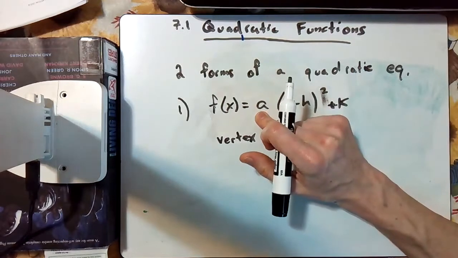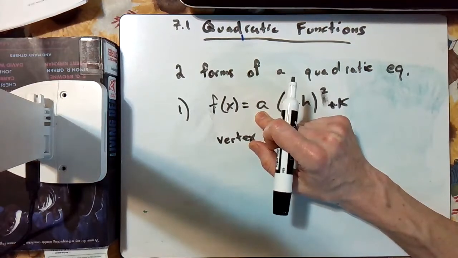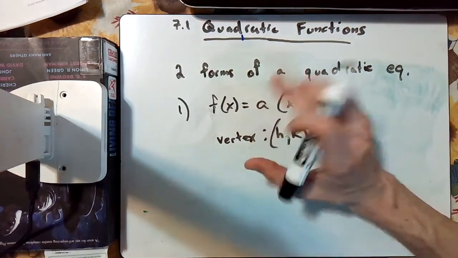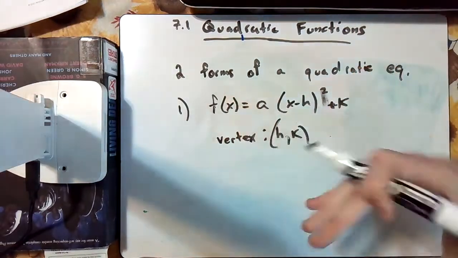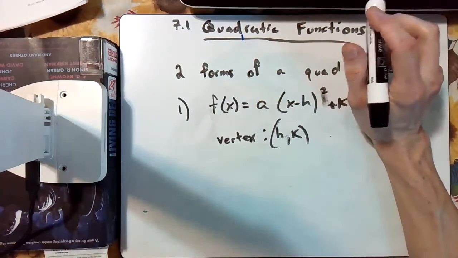A, remember, tells you that was a vertical stretch or shrink from the transformation section. But in this case, all that we really care about is that if A is positive, the parabola opens up, or if A is negative, it would open down. So let's check out a problem.